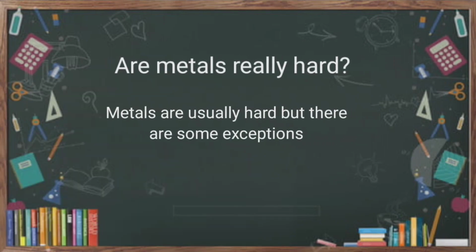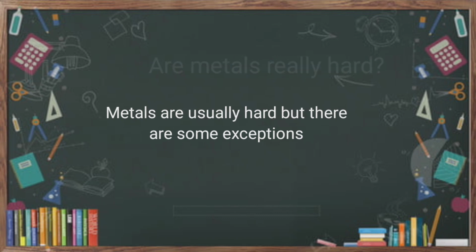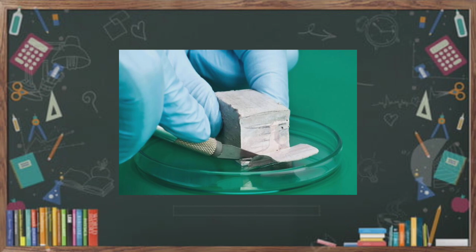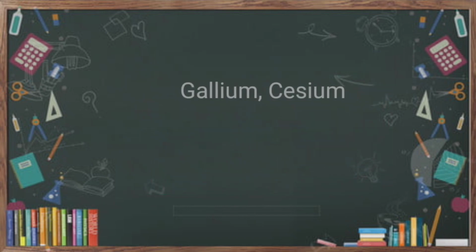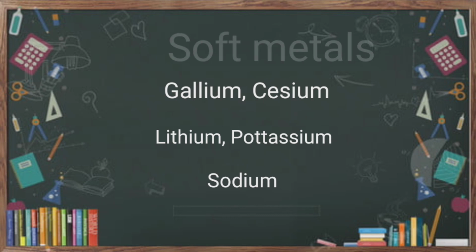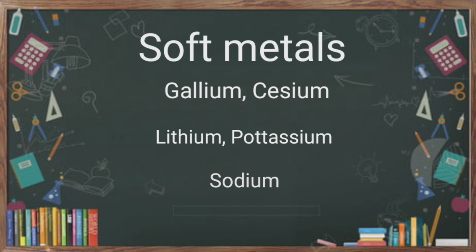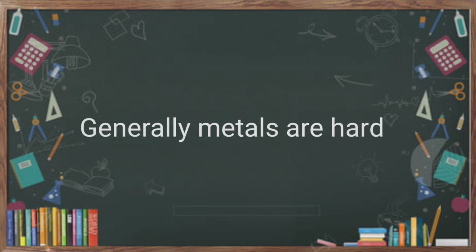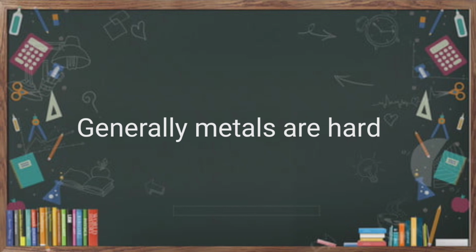Are metals really hard? Metals are usually hard, but there are some exceptions. A piece of sodium can be cut with a blade. Gallium and cesium are also soft metals. Lithium and potassium are also very soft and cut easily with a knife. So generally, metals are hard.